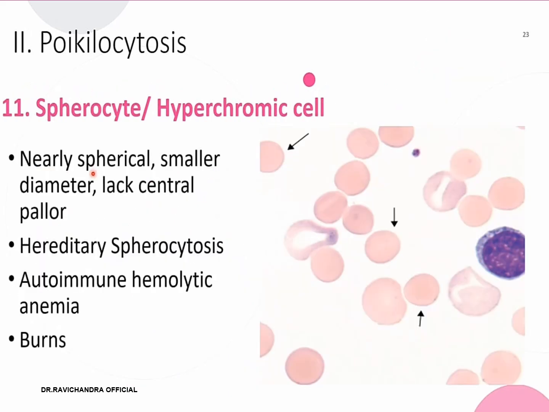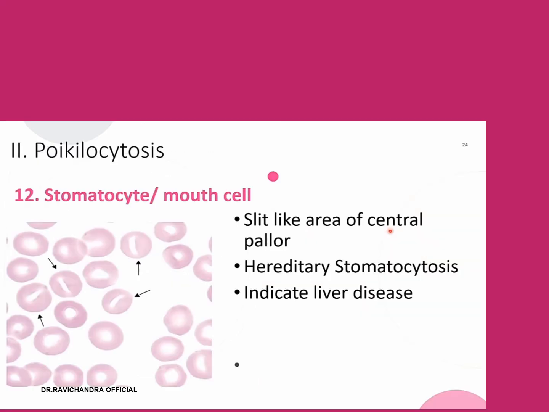Spherocyte, nearly spherical, smaller in diameter, lacks central pallor, and is seen in hereditary spherocytosis, burns, and autoimmune hemolytic anemia or AIHA. Poikilocytosis.